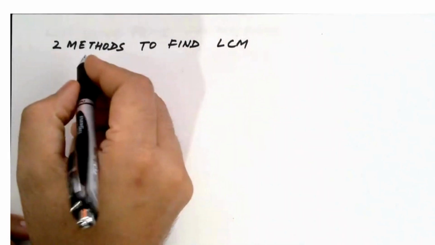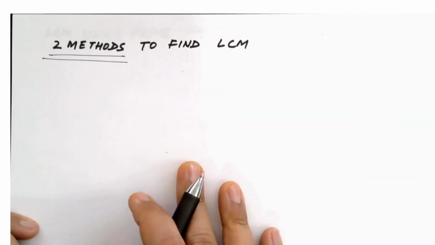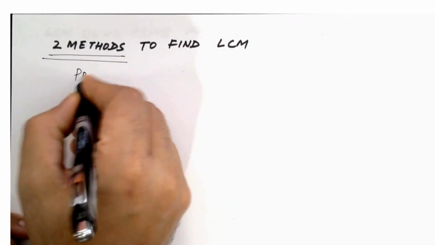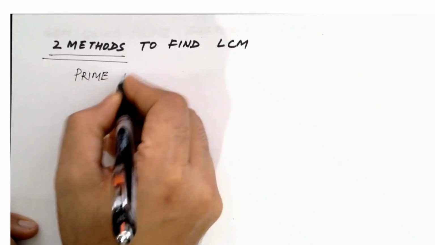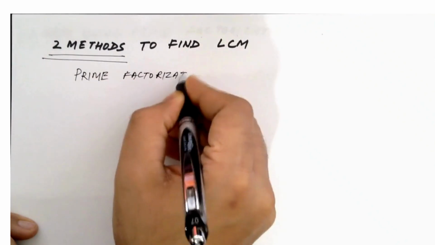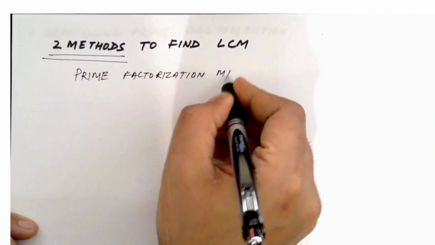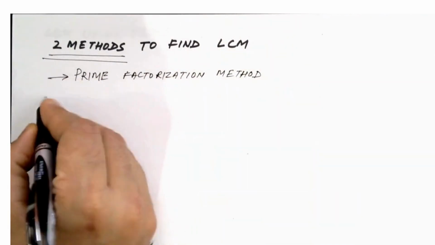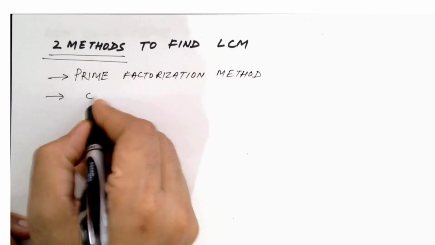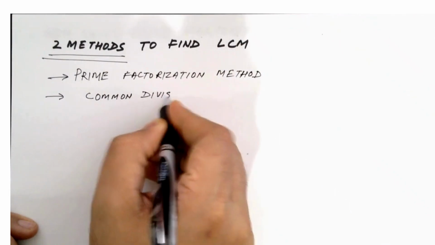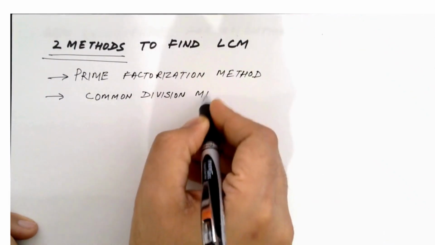We have two easy methods to find the LCM of two or more numbers. The first method is the prime factorization method, and the next is the common division method.